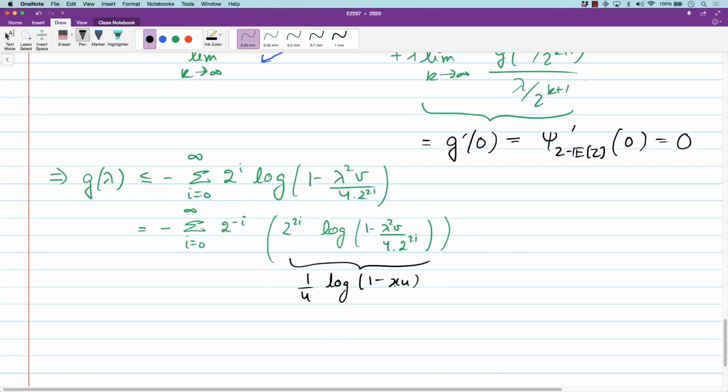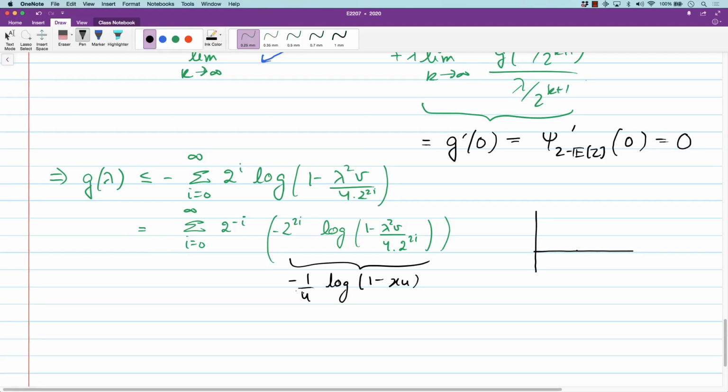So let's plot minus log of 1 minus x, for x between 0 and 1. How does log of 1 minus x look for x between 0 and 1? Actually, there's a minus sign here, so I'll take that minus inside.